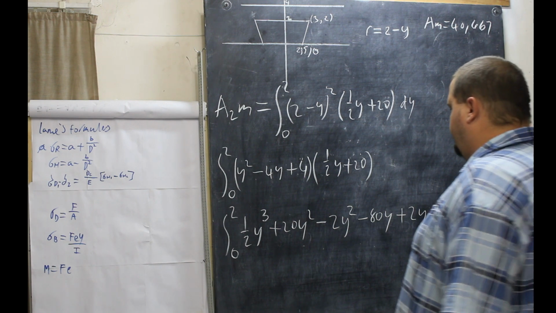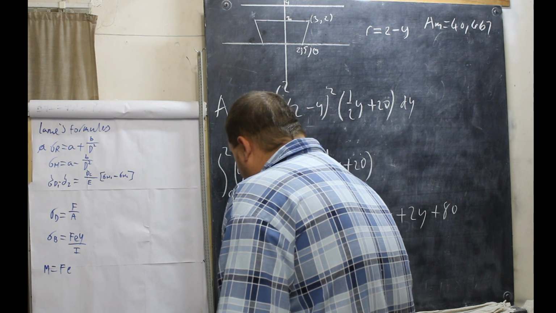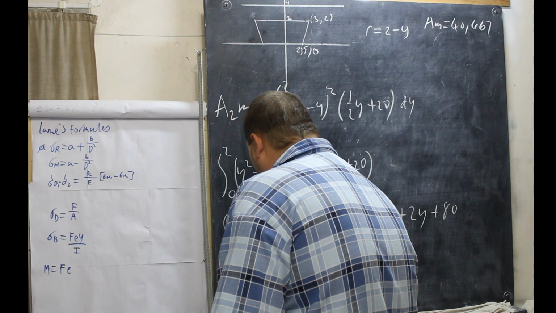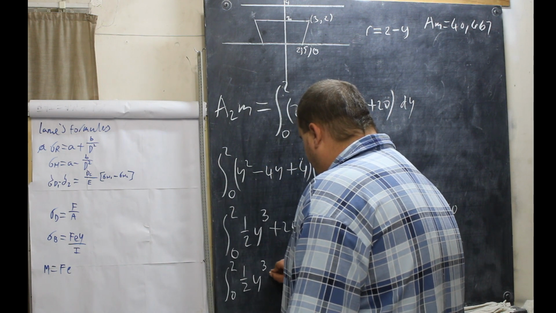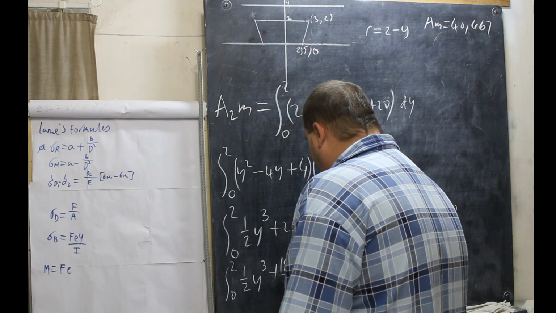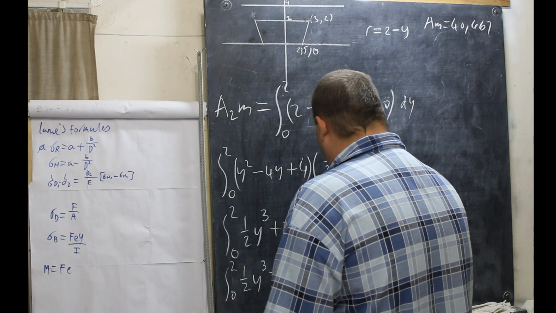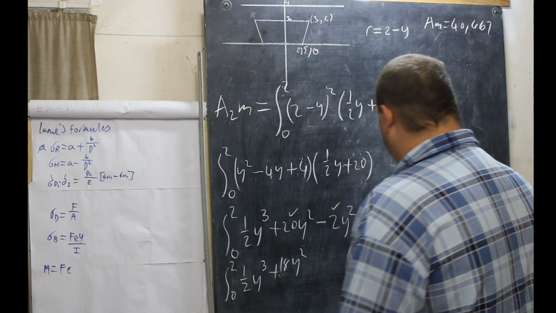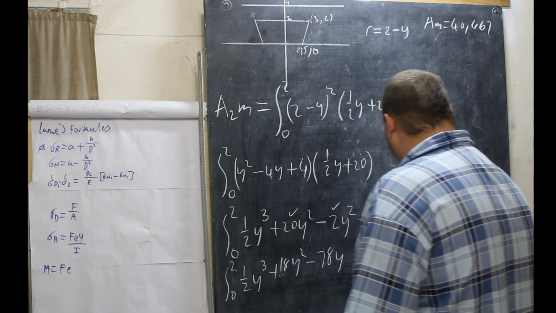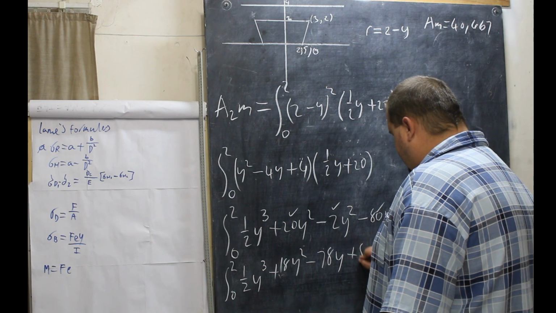So our sum will be a half y cubed plus 18y squared, that's done, minus 78y, that's done, plus 80.